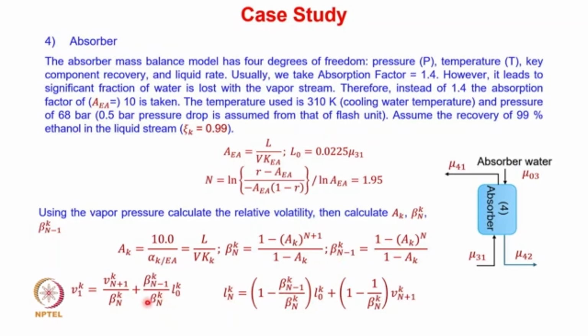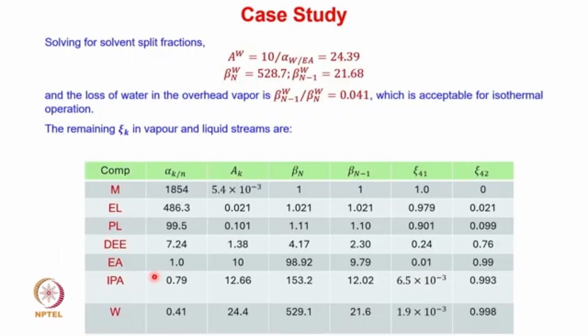So you can see that in this particular equation, Bn minus 1 by Bnk, this is nothing but the fraction of the vapor split, isn't it? So in this way we can obtain the split fractions directly. So with this, you can see that now, based on the vapor pressure, we can calculate in this case the relative volatility.